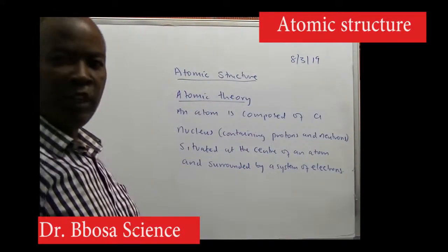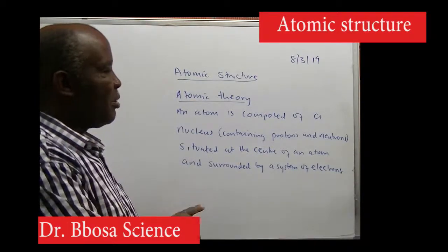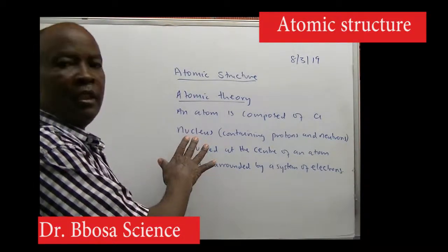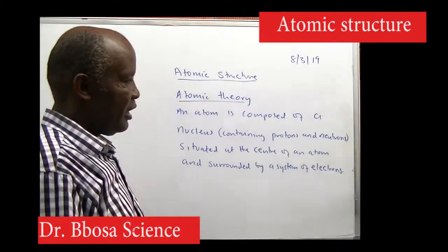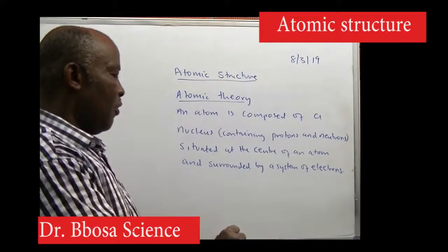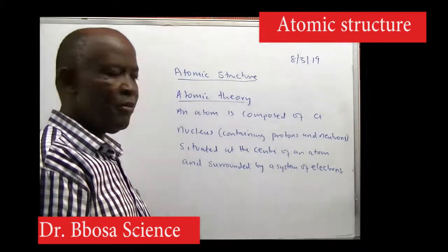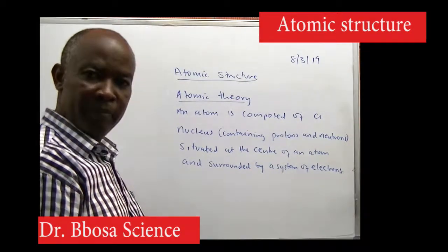Atomic theory states that an atom is composed of a nucleus containing protons and neutrons situated at the center of an atom and surrounded by a system of electrons.